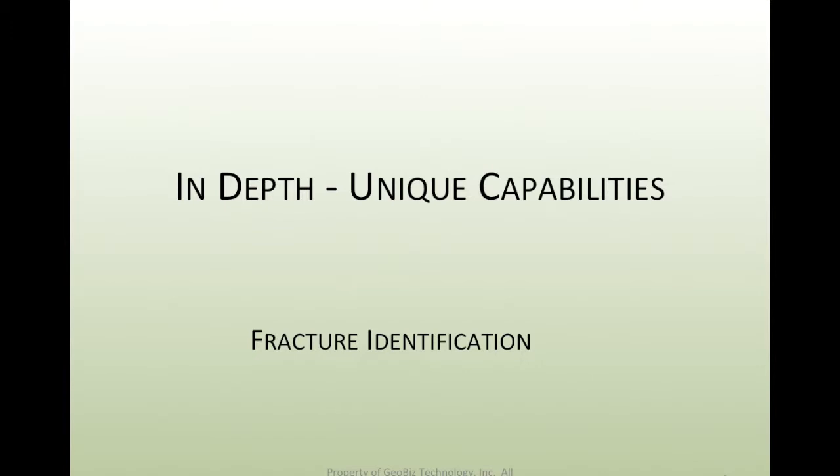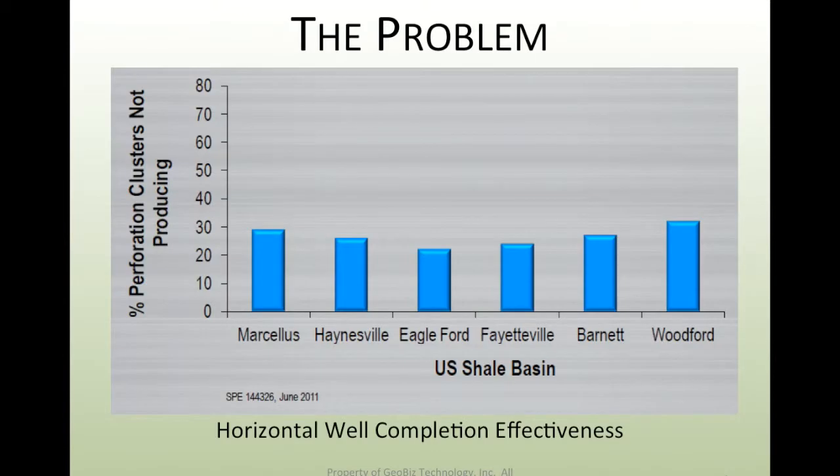So the first thing that we are going to go over is our fracture identification, which we are using sectored compressional data to do. This is a bar graph that was published in an SPE paper from June of 2011, and essentially what it is illustrating is that around 30% of perforations are not producing.